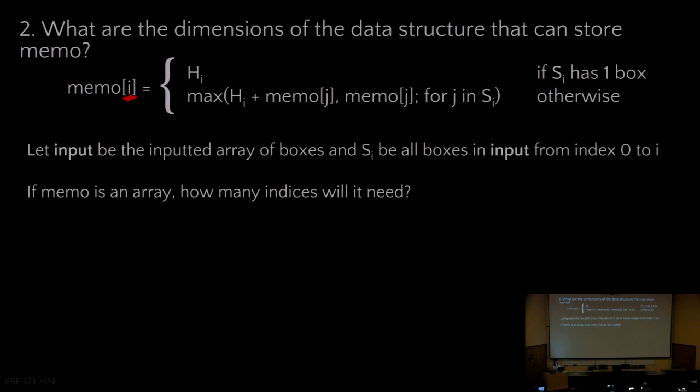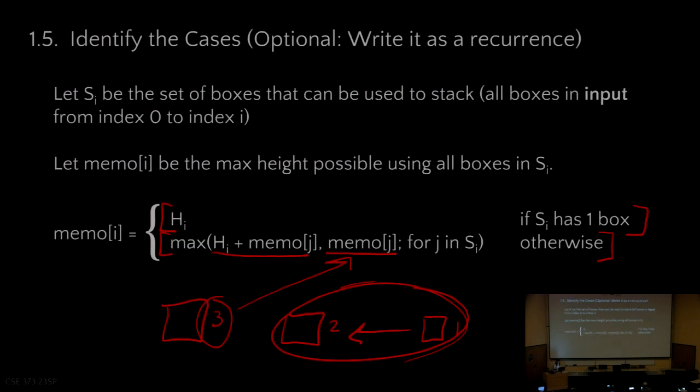So this index represents each box, or like the set of adding one more box. If I go to the last slide, I define this set to be all the boxes in input from index 0 to index i. And so when i equals 0, it's going to be the set of boxes from index 0 to index 0. So just the box at index 0. Does that make sense?